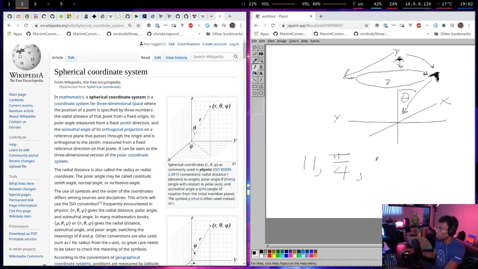I'll get a tablet one day, guys, I promise. And theta is off the x-axis? Oh wait, so then it's like pi over 2? I think theta would be pi over 2. But if I get this wrong, it's not going to appear.